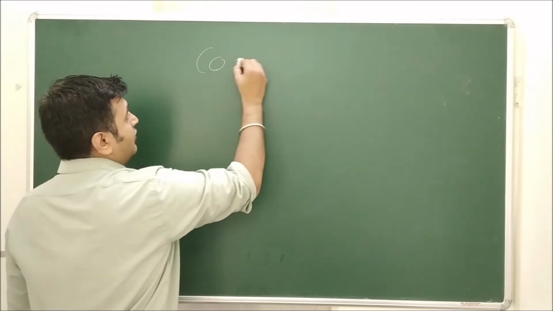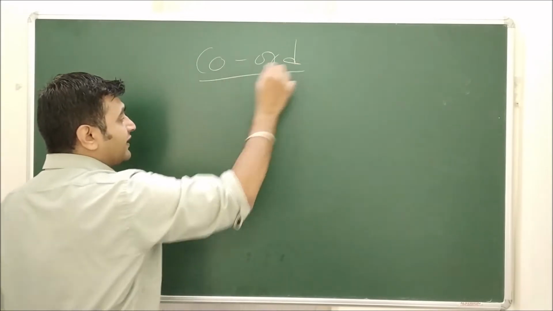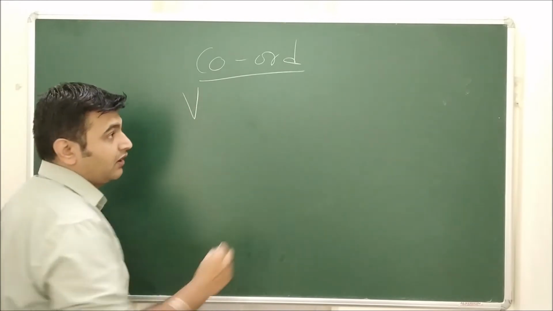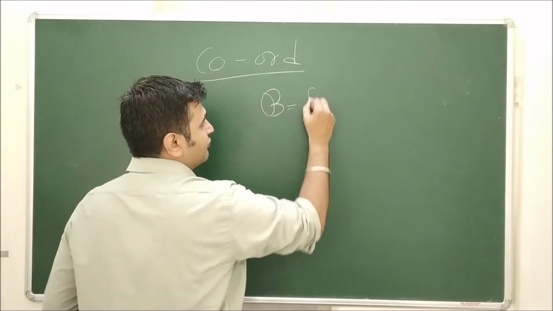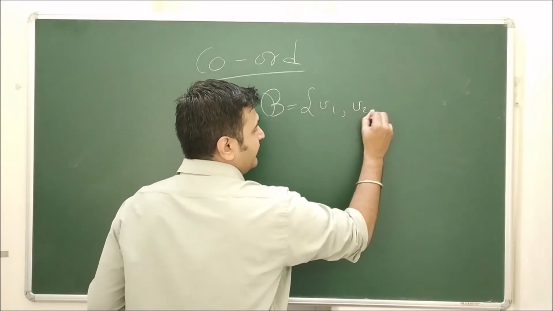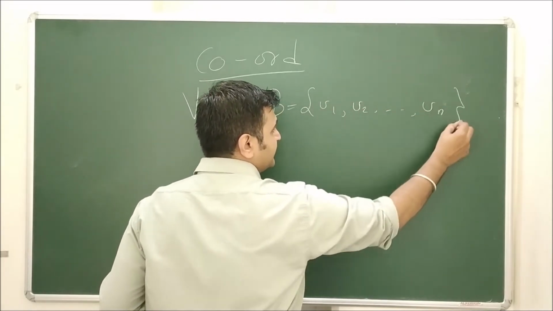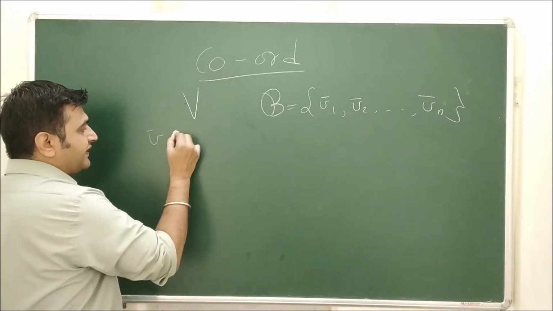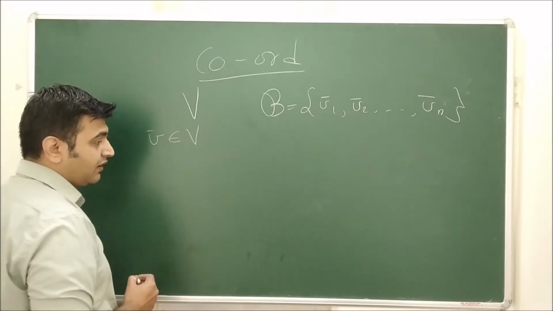To find the coordinate vector, what should you have? You should have a vector space V and a basis B, say v1, v2, up to vn. This is the basis for my vector space V. Now you take any vector v in your vector space.